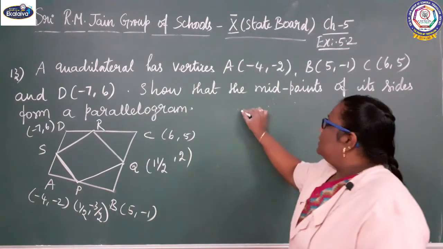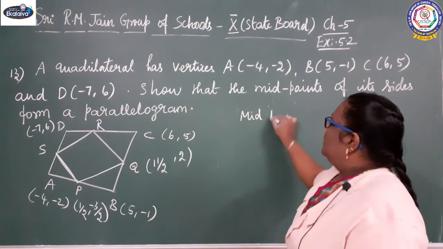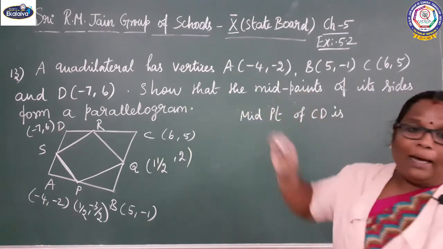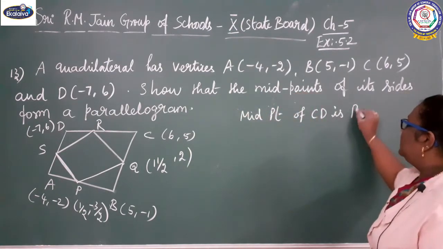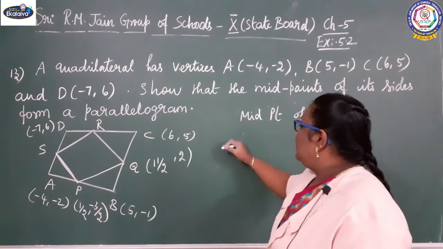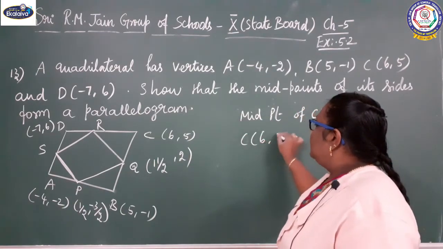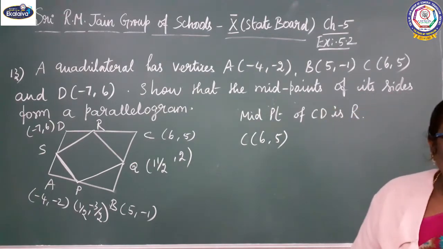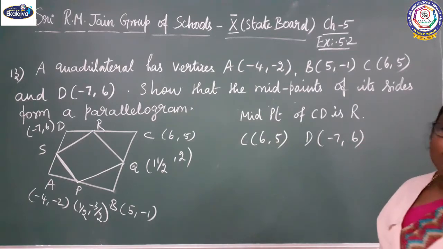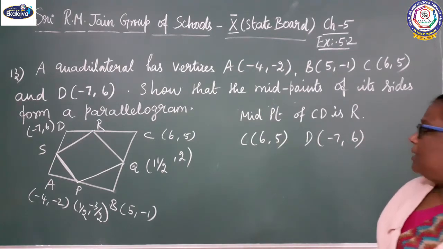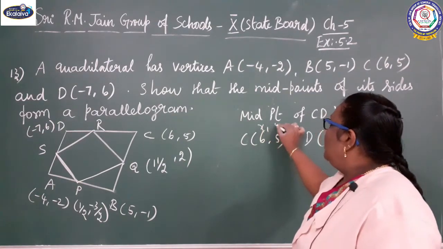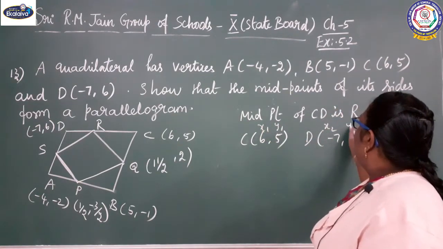Midpoint of CD is capital R. R equals, what is the value of C? C value is 6 comma 5 and D value is minus 7 comma 6. Midpoint of CD: this is x1, y1, x2, y2.